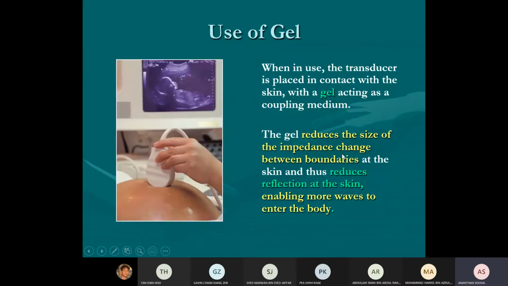The gel reduces the size of the impedance change at the boundary, reduces reflection at the skin, enabling more wave to enter the body. It is pointless if the ultrasound is reflected right there, it could never be used to scan the body. So use a gel with about the same acoustic impedance as the skin, so that the majority is transmitted.